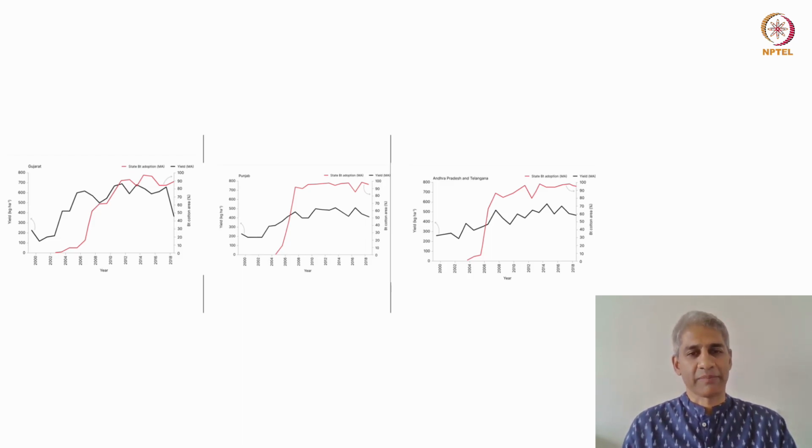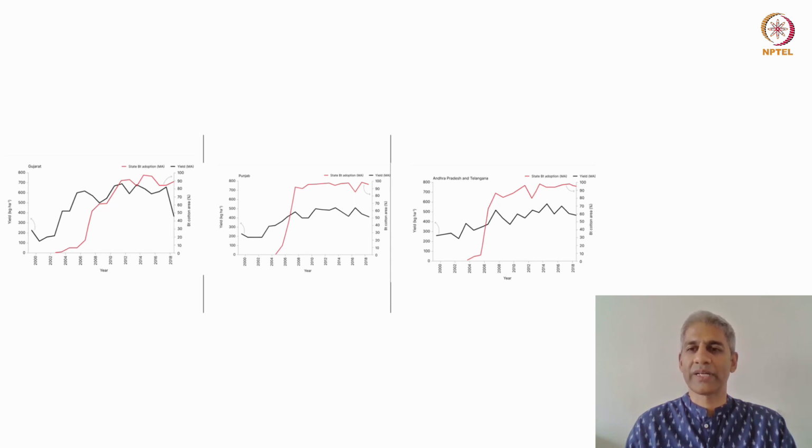We could say perhaps. Now, if you look at Punjab, the yield seems to flatline after 2006 and doesn't really grow, even though most of the farmers are growing BT cotton, because after 2006, almost 90% of the land is under BT cultivation. Similarly, in Andhra Pradesh and Telangana, yields don't seem to have grown.